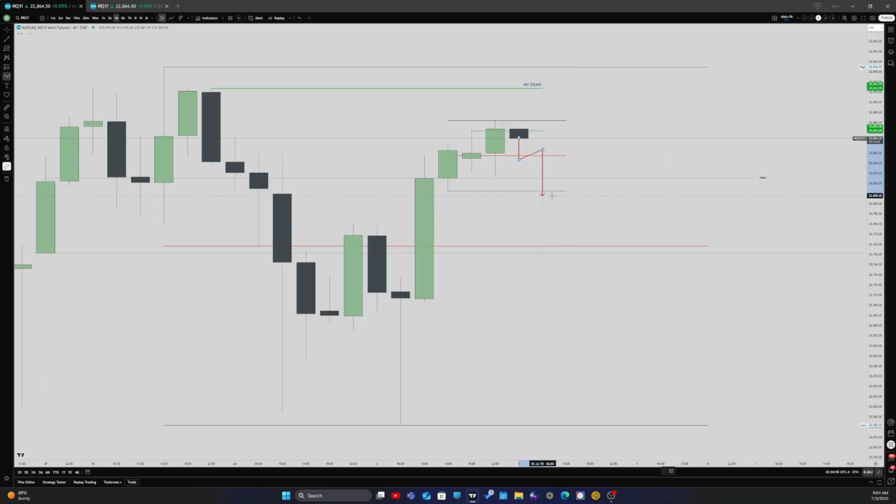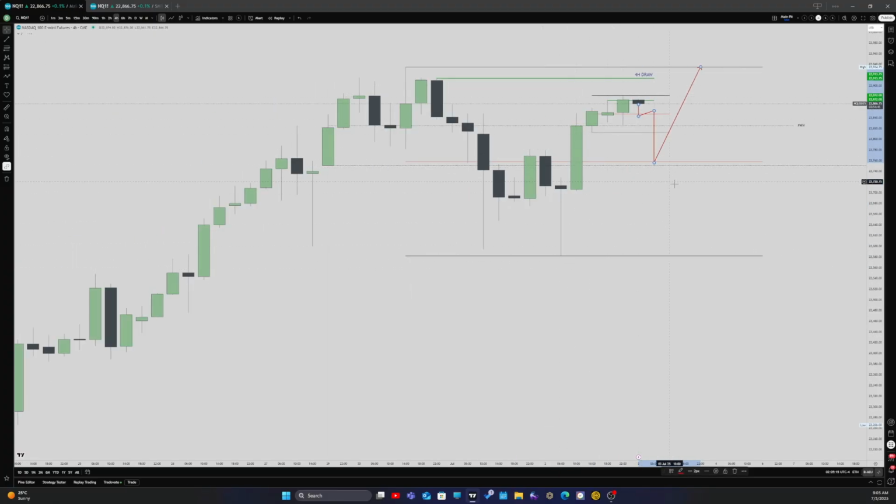It comes down here into this gap, retests the breaker and goes up, right? And that would be congruent with the price coming down into equilibrium of the range. Who knows?